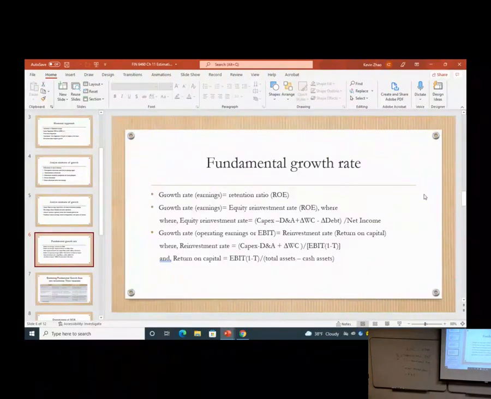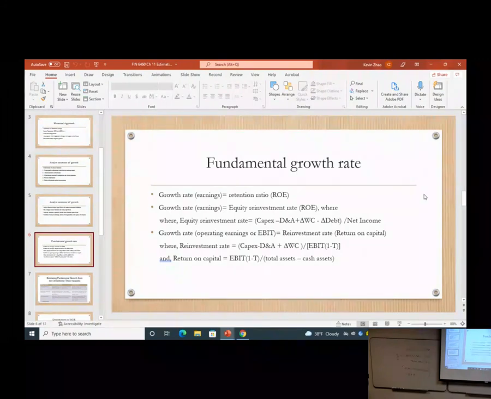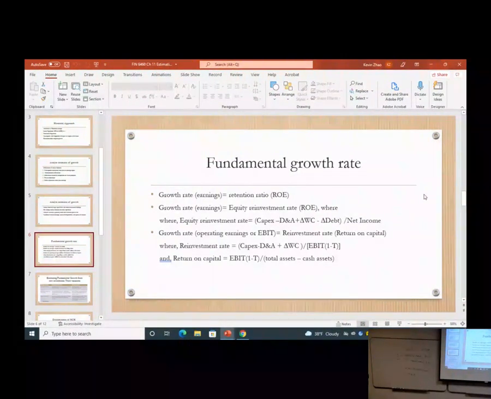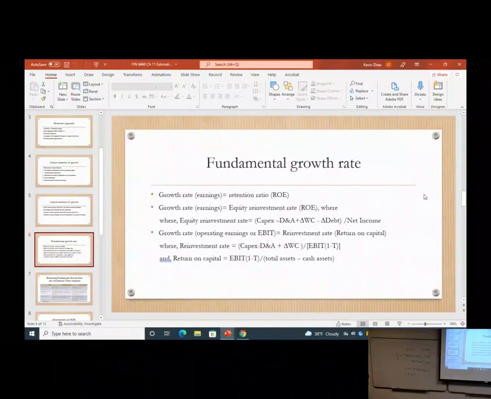This growth rate, G, equals the estimated reinvestment rate, RIR, times ROE. This is a pretty useful formula for you to utilize in your problem solving. And sometimes you have this G, you have this ROE, you can figure out what this RIR is.